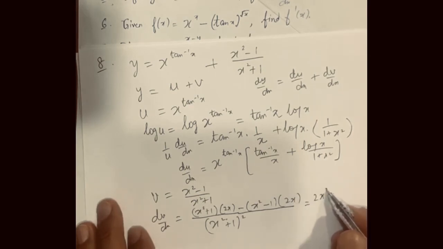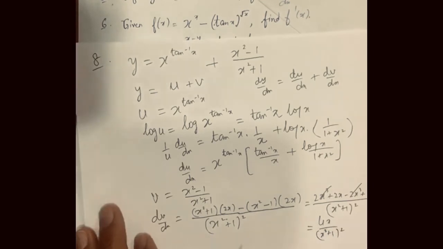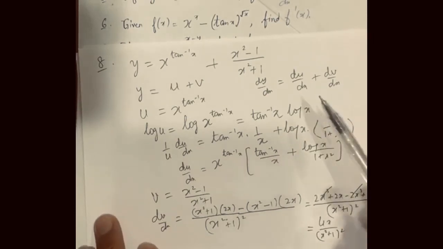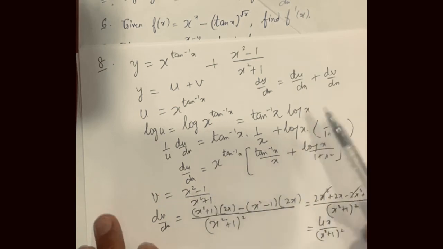Simplifying, this is 2x cube plus 2x minus 2x cube plus 2x upon x square plus 1 whole square. This will cancel out, so this is 4x upon x square plus 1 whole square. So substituting the value of du by dx here, and dv by dx here, we get the answer.